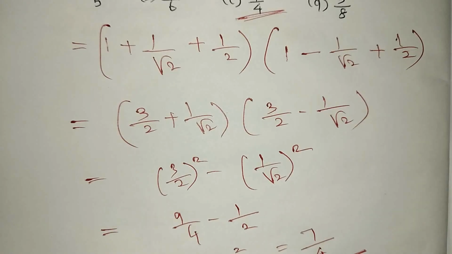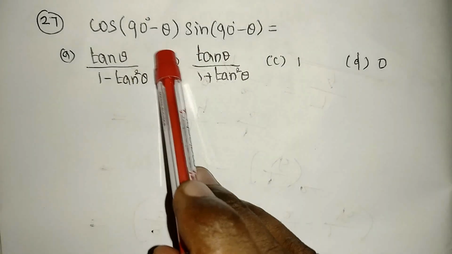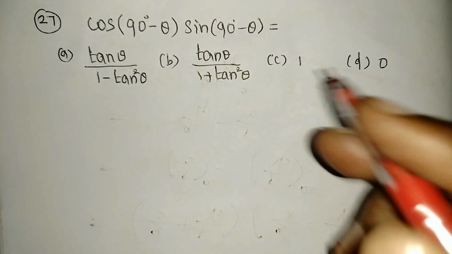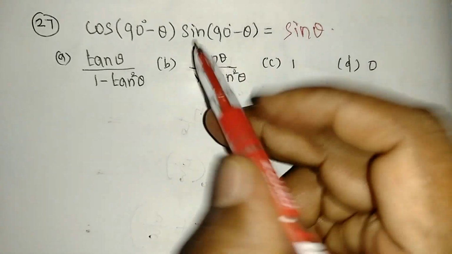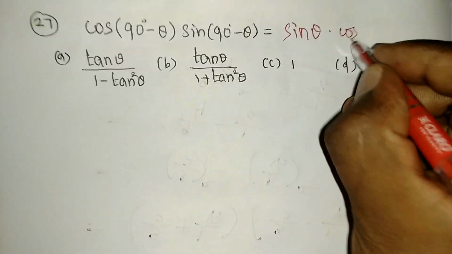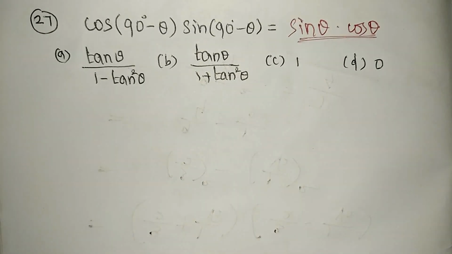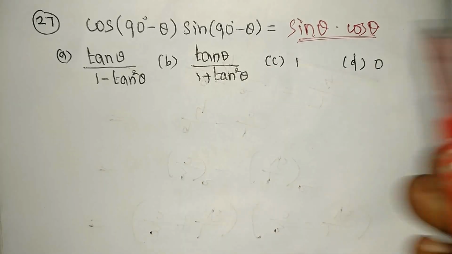We'll go for question number 27. Cos of 90 minus theta, sin of 90 minus theta. So this is complement. We know very well cos of 90 minus theta is sin theta, into sin of 90 minus theta, which we know is cos theta. But this answer is not available here. So if you simplify options A and B, the one where we get this answer is correct.